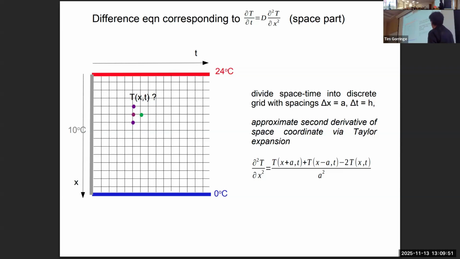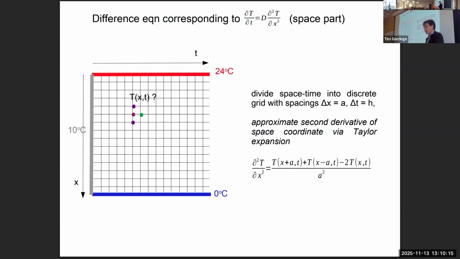Here I started with the space part. The space part of the diffusion equation is a second order differential with respect to the spatial coordinate. Second order differentials with respect to the spatial coordinate pick out the curvature of the function, as opposed to the slope of the function.